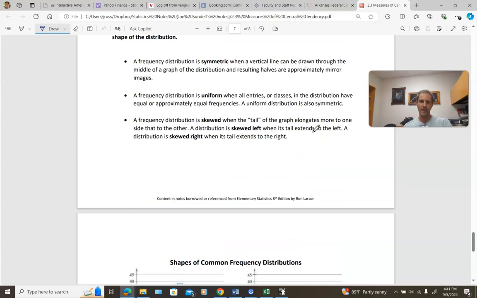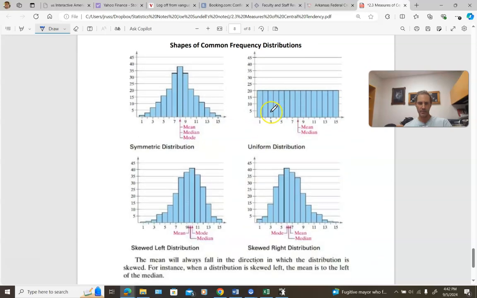The last type we're going to see is called a skewed distribution. That's when your distribution has what we refer to as a tail. That tail is typically caused by there being less and less data on one side and the majority of the data on the other side. Here are a couple of examples.